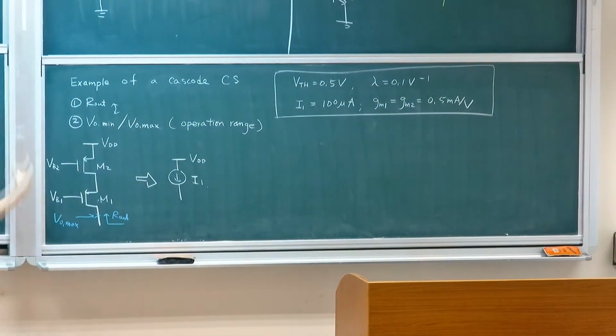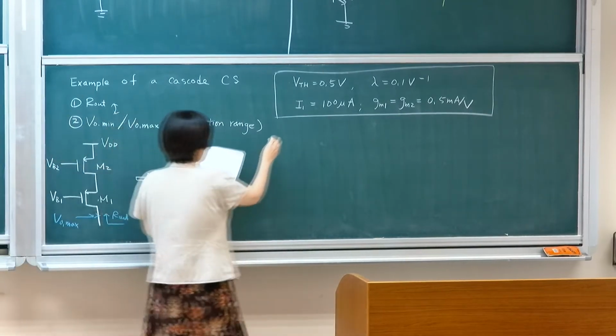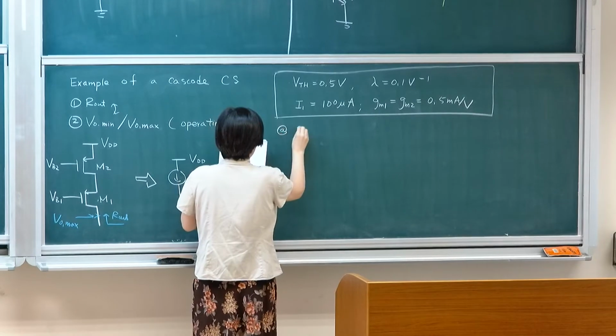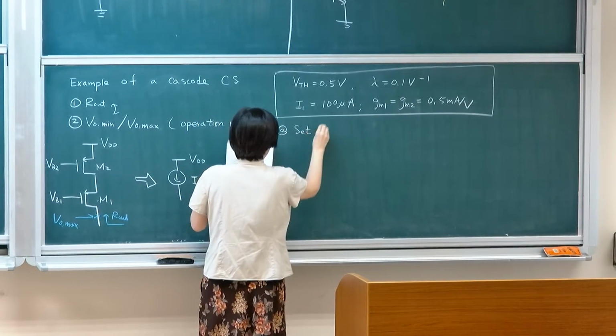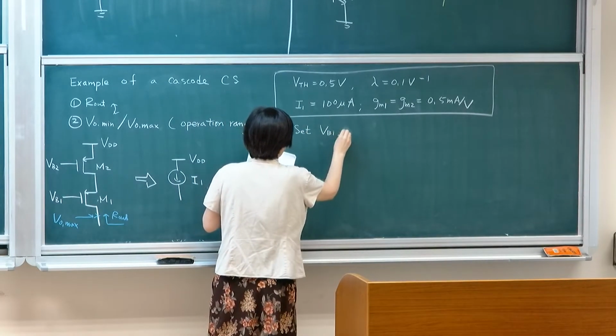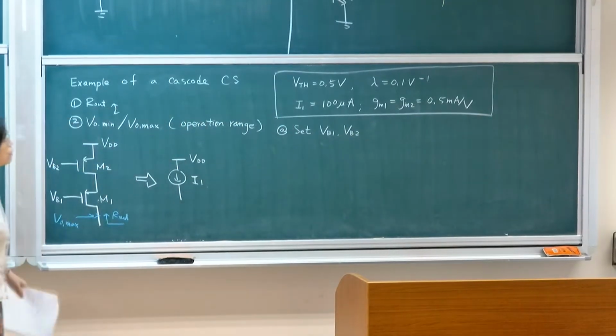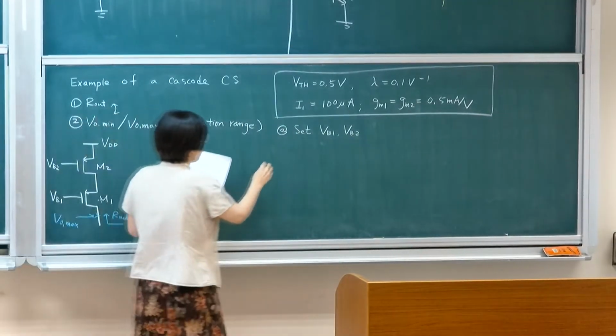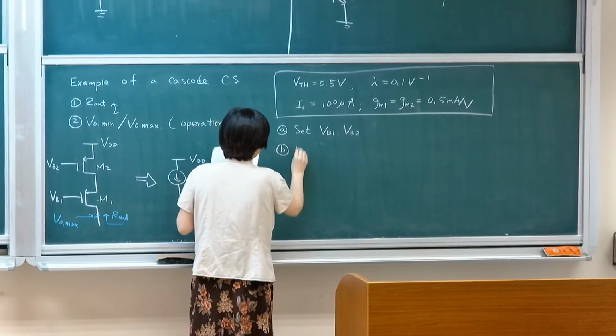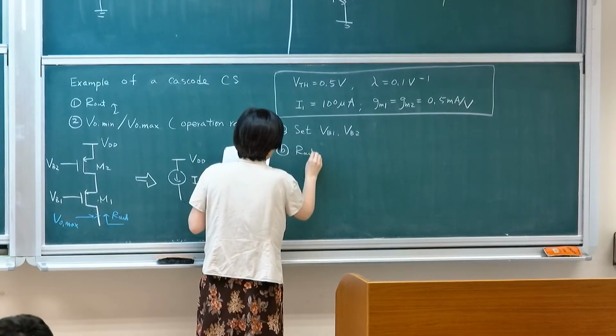So to achieve that target, we first set VB1 and VB2 so that this is met. The other is to find its output resistance, of course.